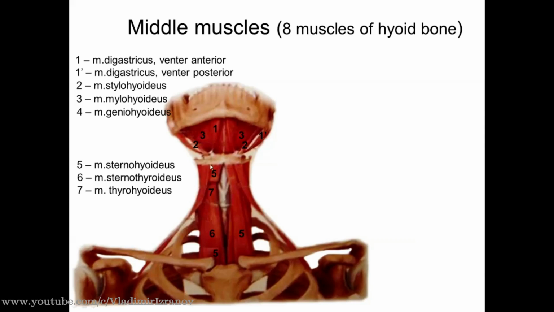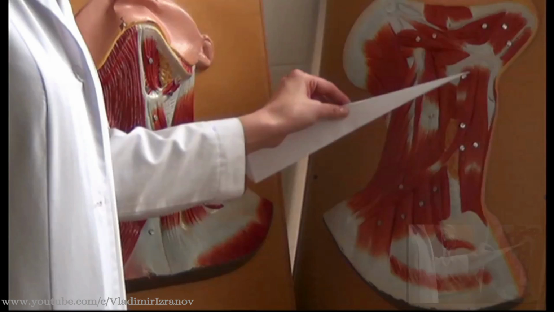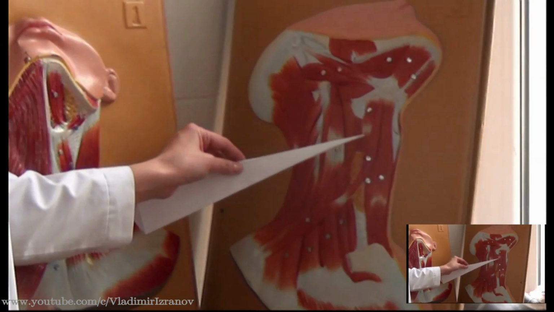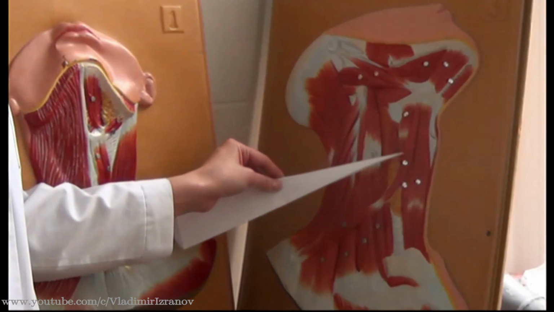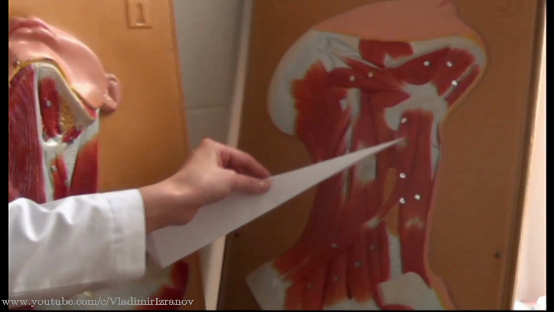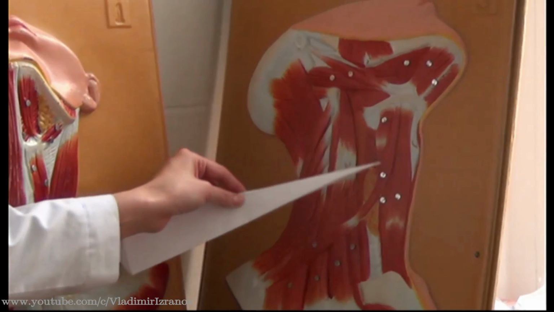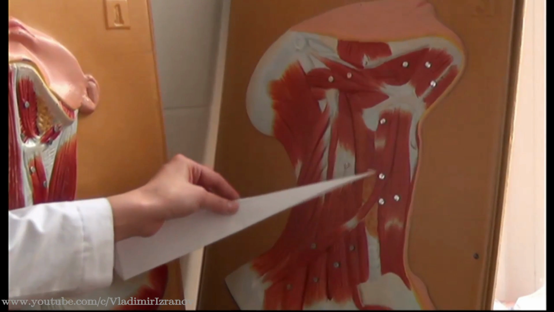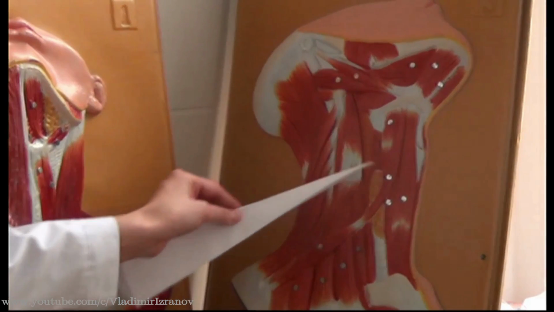This muscle is shorter, and let us try it in our planchette. Here it is, musculus thyrohyoideus, a small, short muscle. Thank you.